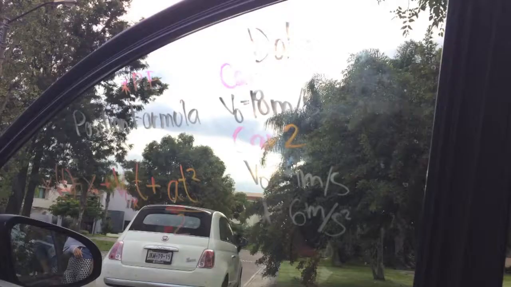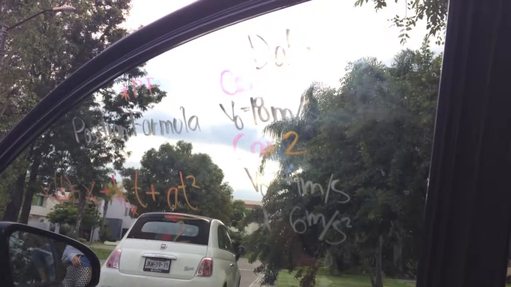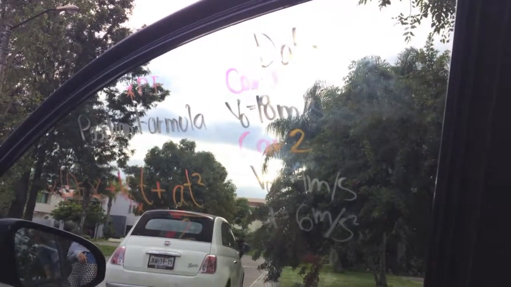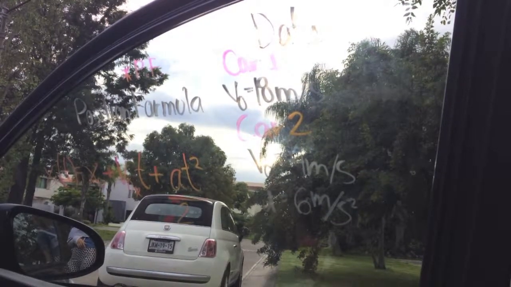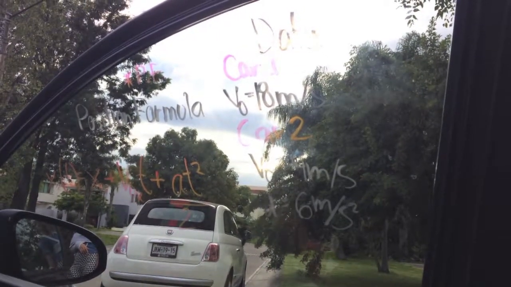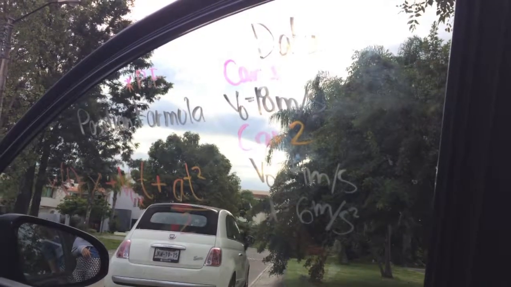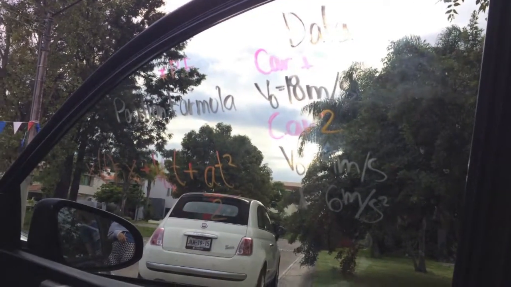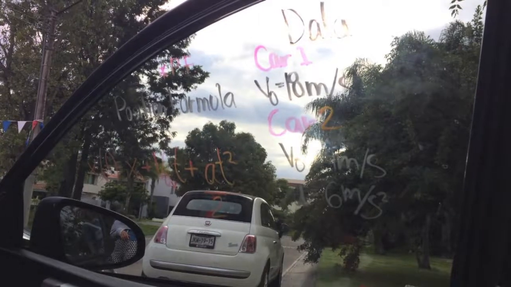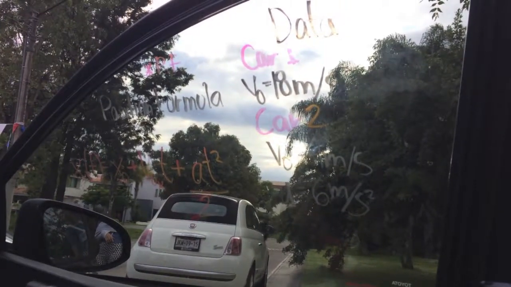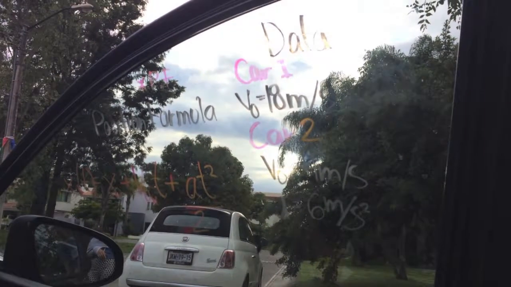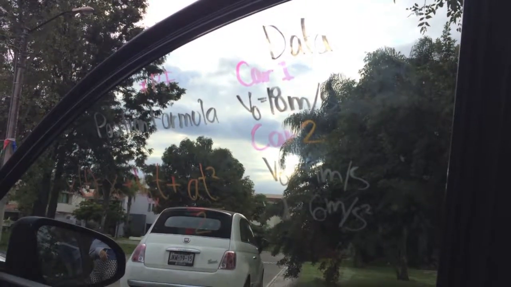Question A. Write the position function of each car depending on time. First of all, we have to search for the general expression for position at time t. Our general formula is x(t) equals initial position plus initial velocity times t plus acceleration times time squared over 2.